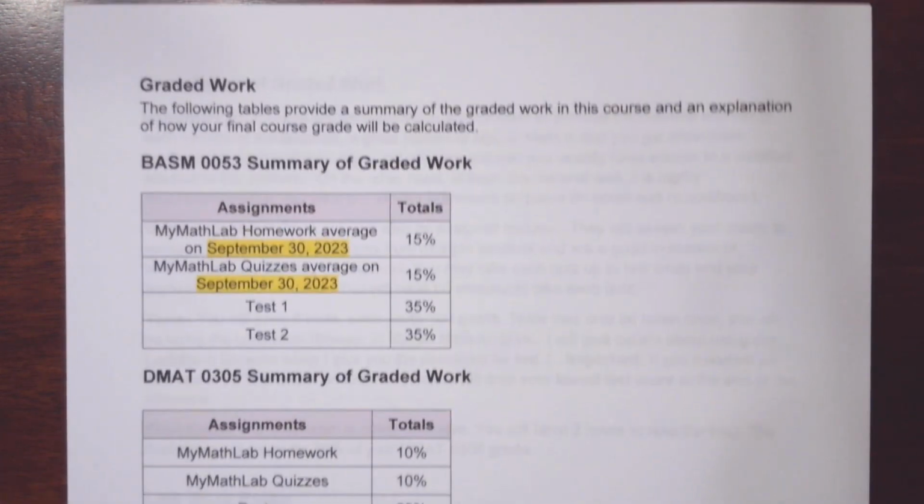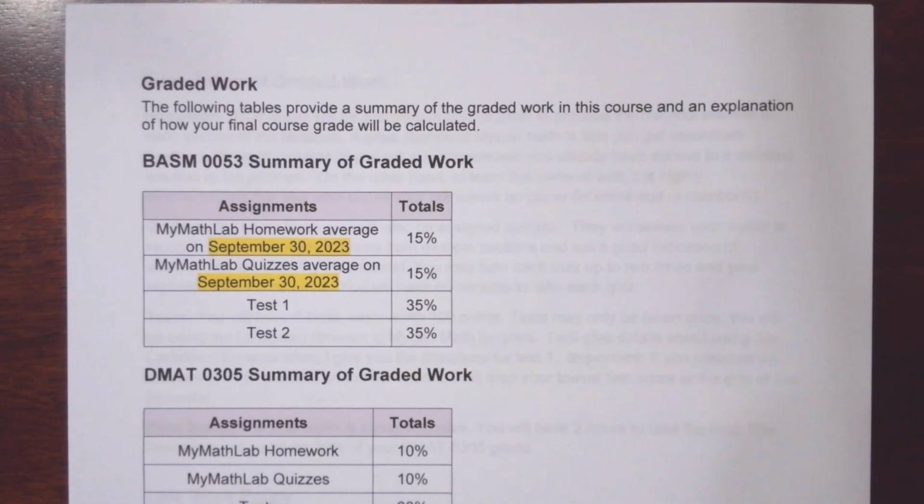All right, let's look at graded work. So you'll notice for the BASM part of the course, the 0053, this is your grade after test 2. That's what determines your grade for the BASM 0053 part. Notice your homework is 15%, your quizzes are 15%, and the last 70% is divided in 2 for test 1 and test 2.